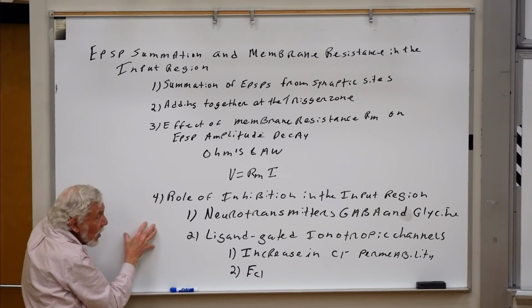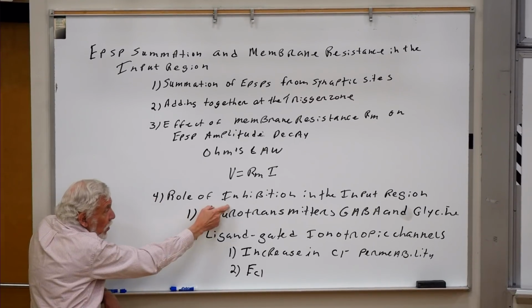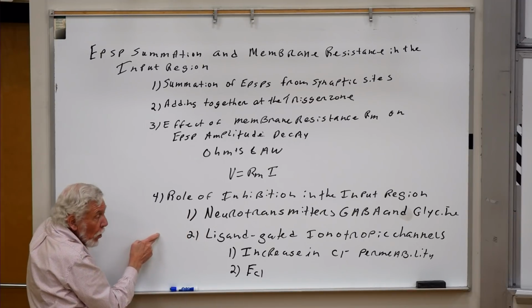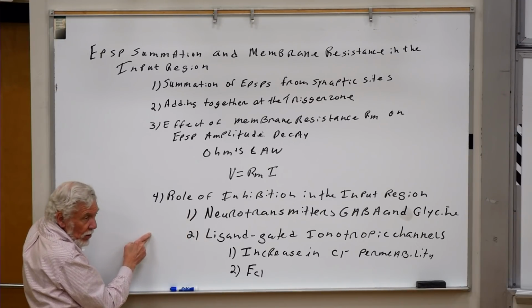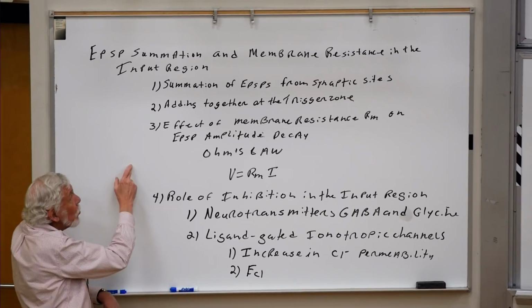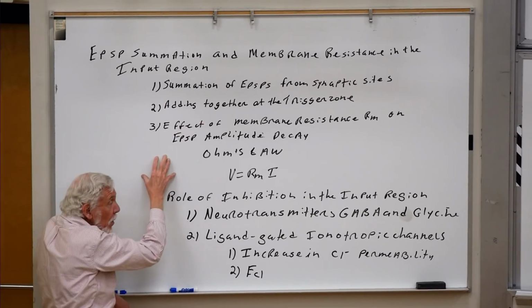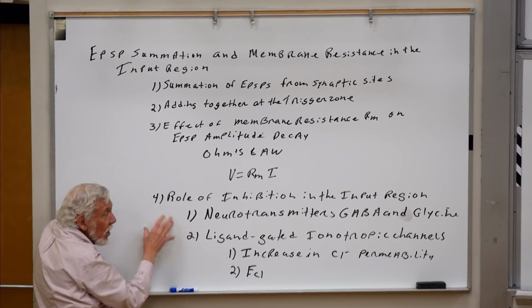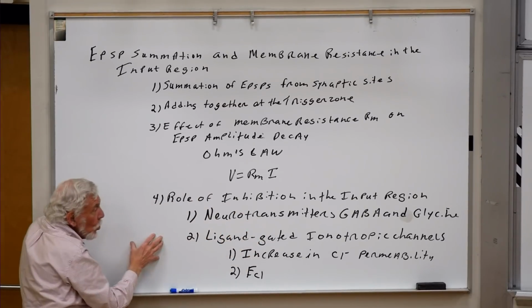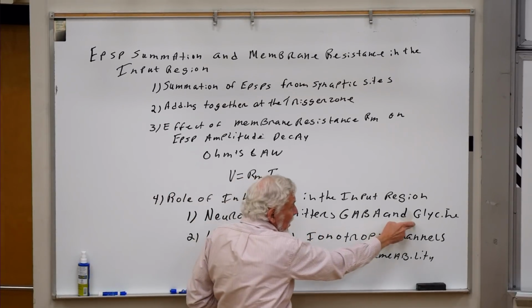So I want to spend a little bit of time here talking about the role of inhibition in the input region. We're going to lay out another one of the pineapple neurons. And interspersed among the excitatory synapses here, which give rise to EPSPs, we're now going to give attention to the neurotransmitters GABA and glycine.